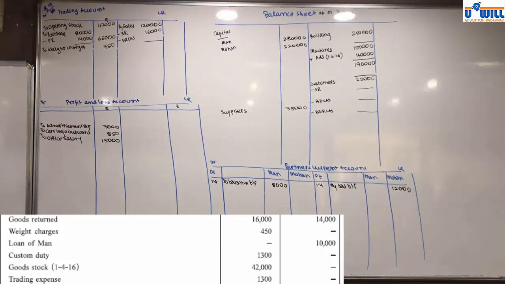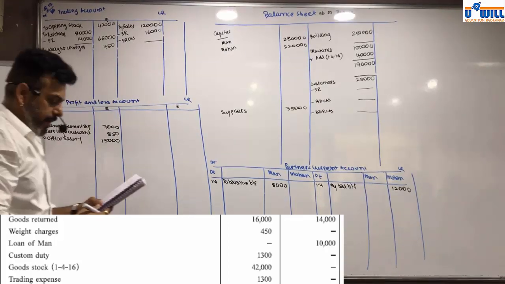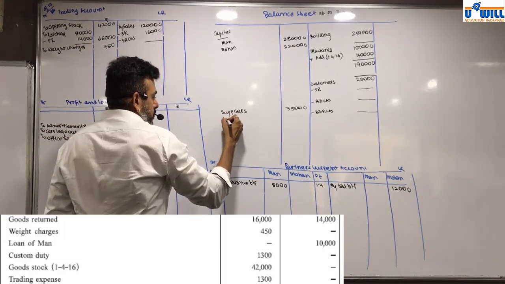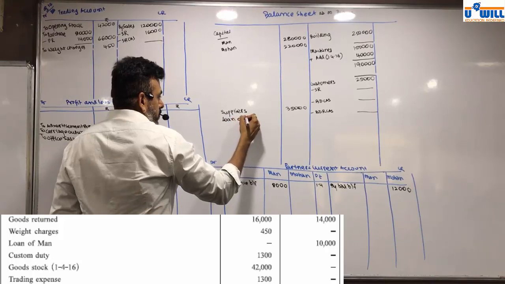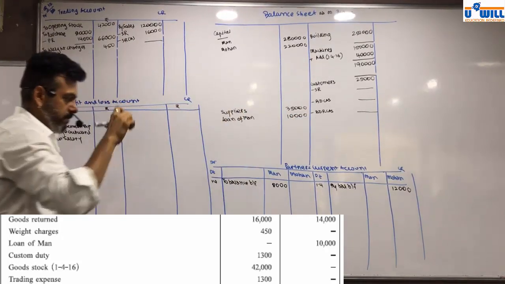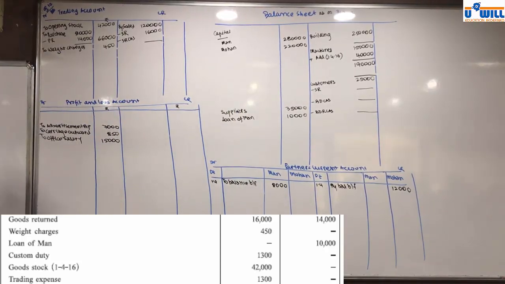Loan of Mohan 10,000. Custom duty 1,300.